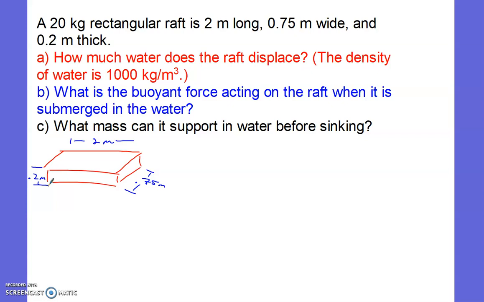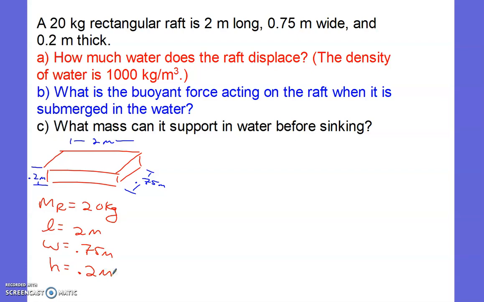And in terms of how much water, we're looking really for the mass of the water that's being displaced. We know the mass of the raft is 20 kilograms. And then we know the dimensions of the raft: the length, which is 2 meters, the width, which is 0.75 meters, and the height, or the thickness, which is 0.2 meters.